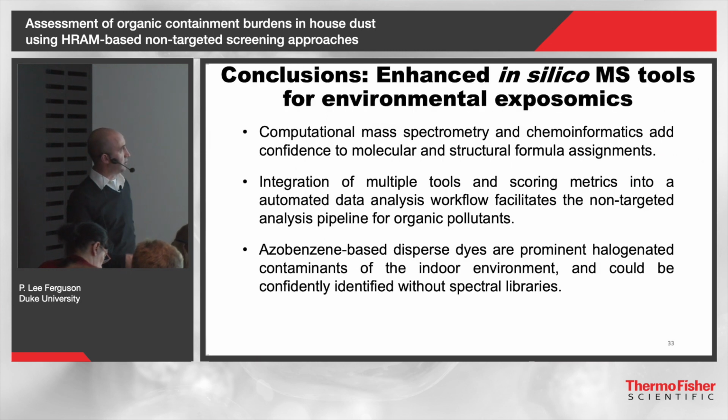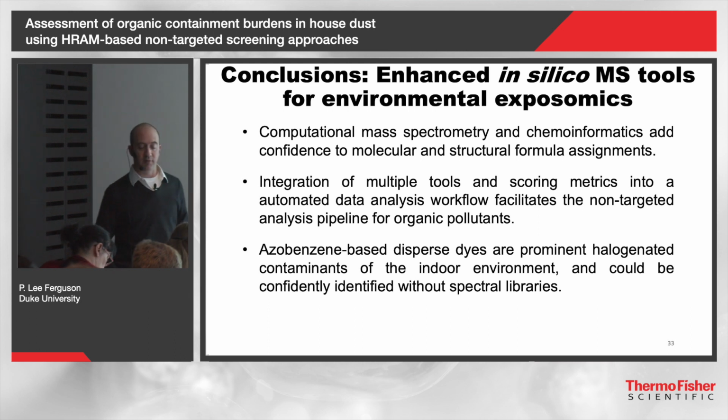Okay, so just to conclude, we're using a combination of computational mass spec and cheminformatics to add confidence to these assays, integrating multiple tools and multiple scoring metrics to do non-targeted analysis. These azobenzene-based disperse dyes were just an example of what we can do to identify compounds that we don't anticipate in environmental systems using these tools.